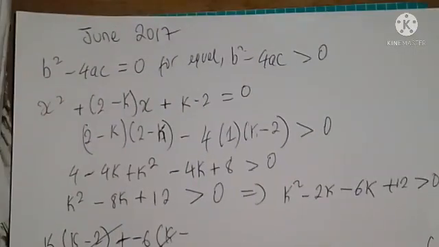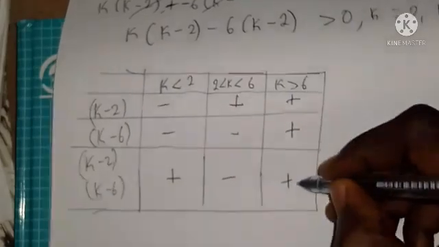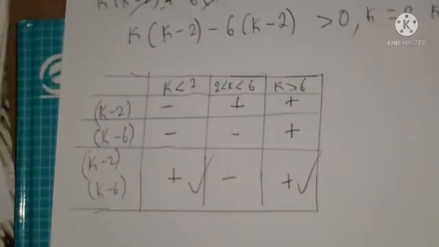Now remember, it is for real and distinct roots or real and different roots, and the condition is b squared minus 4ac being greater than 0. So the range we're going to choose here are those which are positive. So either this or this.